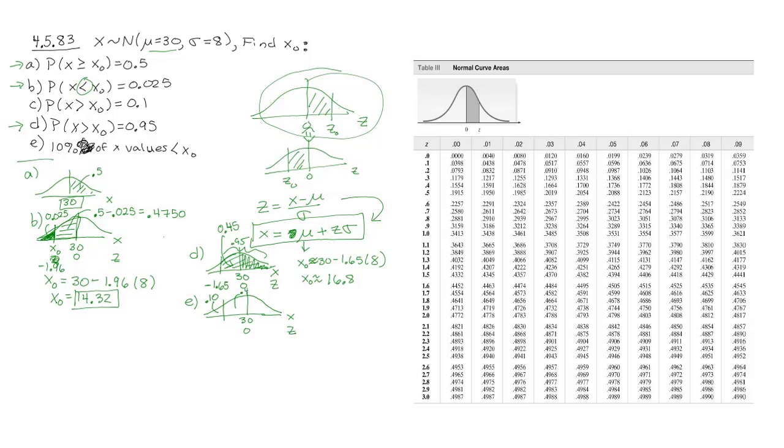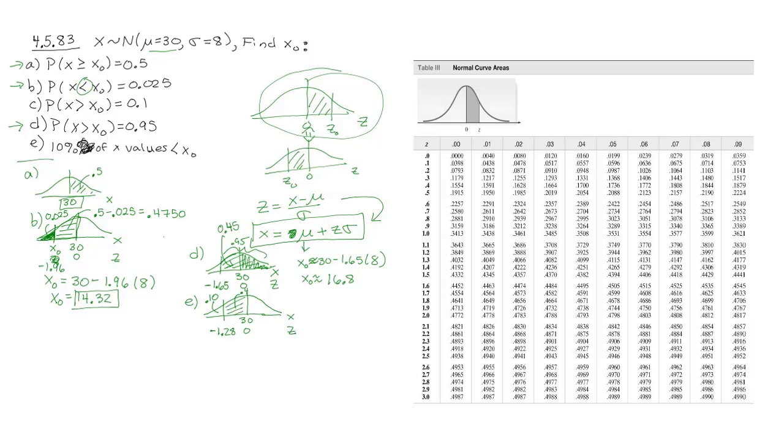If I look 0.40 up on the table, again in the probability part, the closest number I find is 0.3997. That's really, really close, so I'll take that. And that's associated with a z-score of 1.28. But again, since we're on the negative side, I'll make it negative.